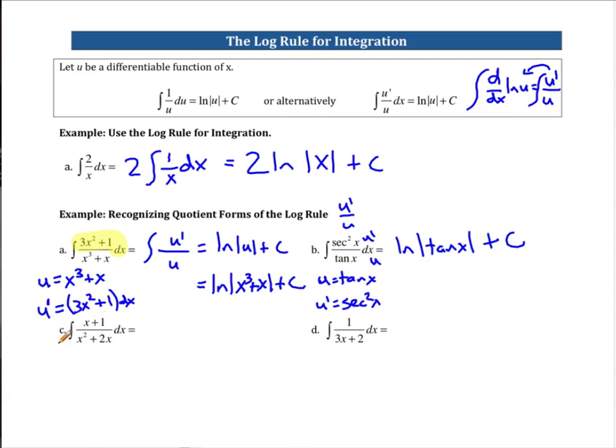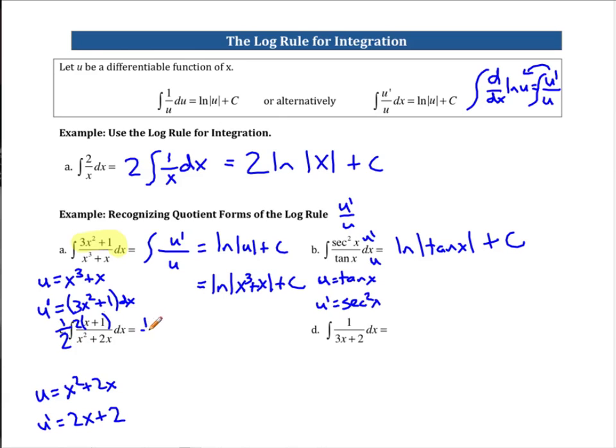All right, in example C here, we're going to let u equal x squared plus 2x, following with the denominator there, and u prime would be 2x plus 2. And if we look, we only have an x plus 1 on top, so we don't quite have u prime, but if we multiplied the numerator by 2, then we would have our 2x plus 2. And to keep this balanced, we have to multiply it on the outside by 1/2.